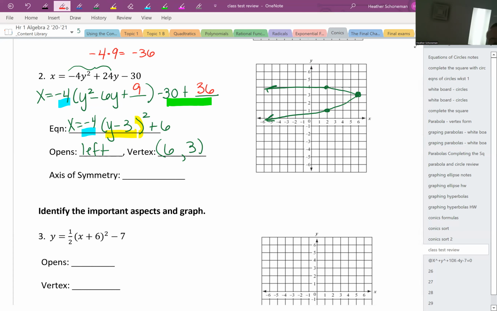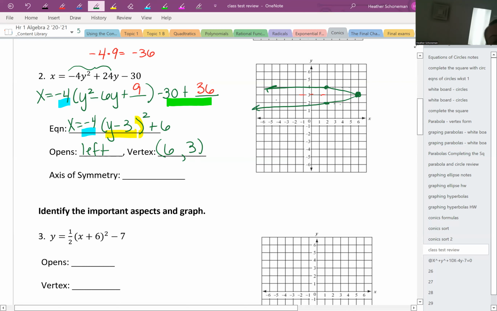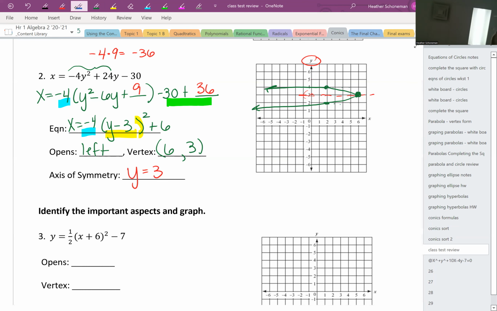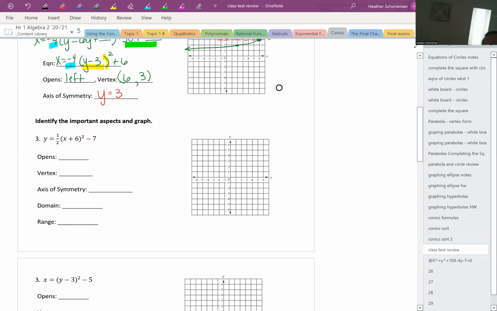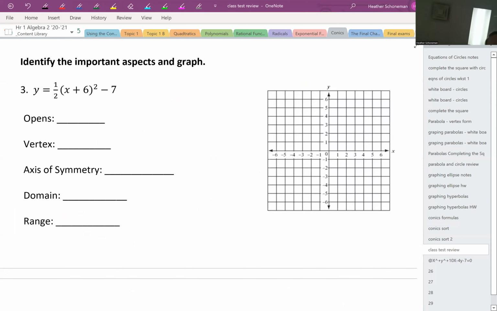The axis of symmetry, if I plotted this to the wrong spot. There we go. The axis of symmetry, if you draw it through, notice it crosses the y-axis at 3, so it's y equals 3.